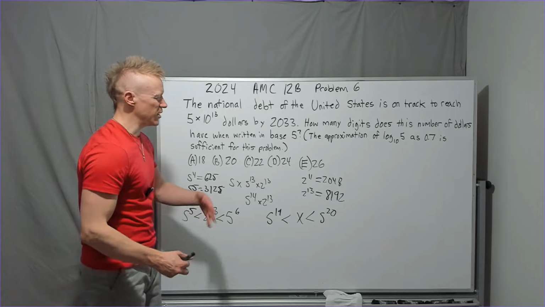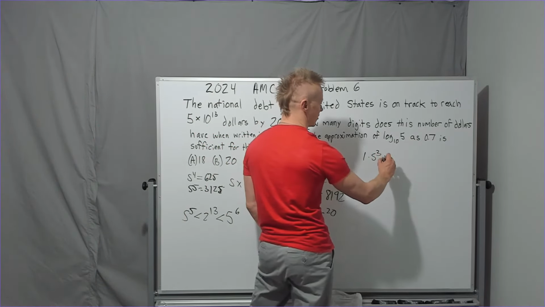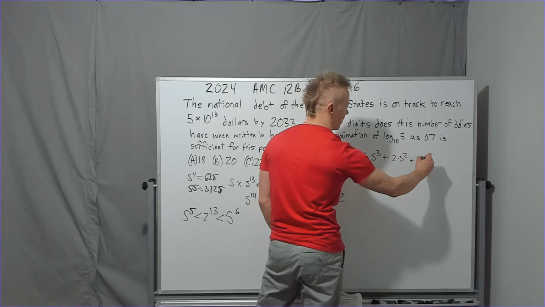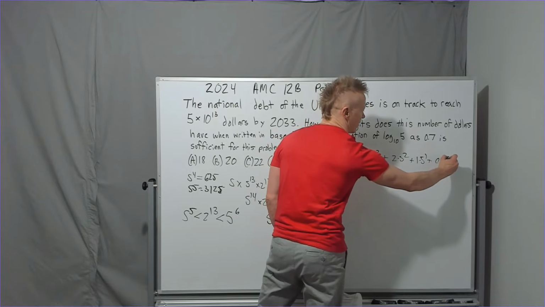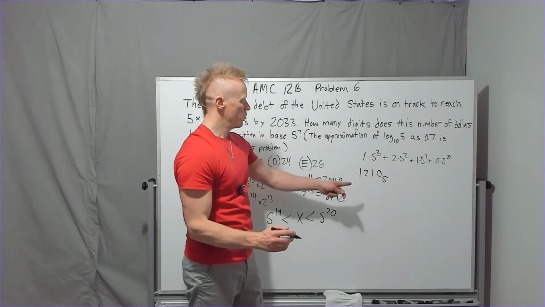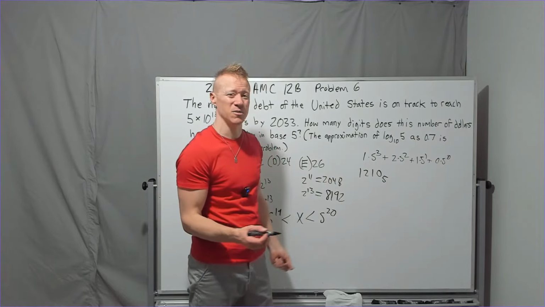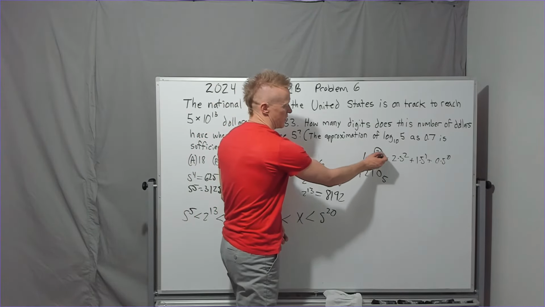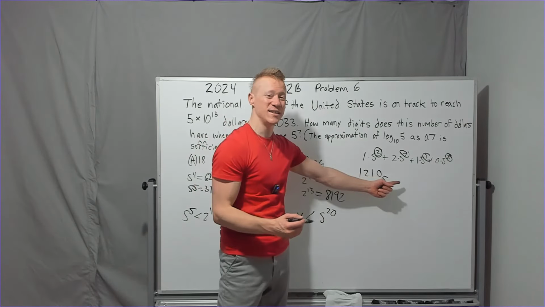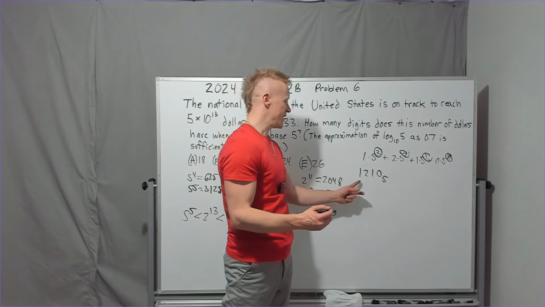So therefore, if you understand how bases work, if I have like 1 times 5 to the 3rd plus 2 times 5 squared plus 1 times 5 to the 1st plus 0 times 5 to the 0, that's 1210 base 5. Basically the largest power of 5 that you can fit will determine what you get. You'll notice that you get 3, 2, 1, and 0. So even though it's 4 digits long, this is not 5 to the 4th. It's 5 to the 3rd.